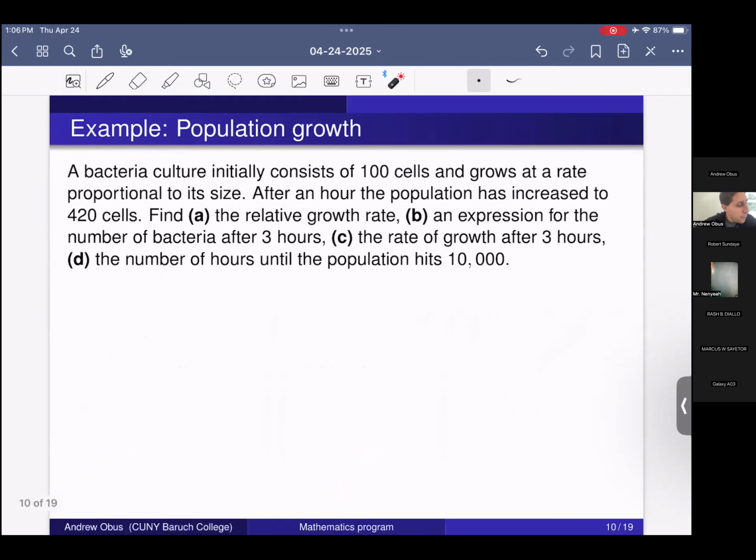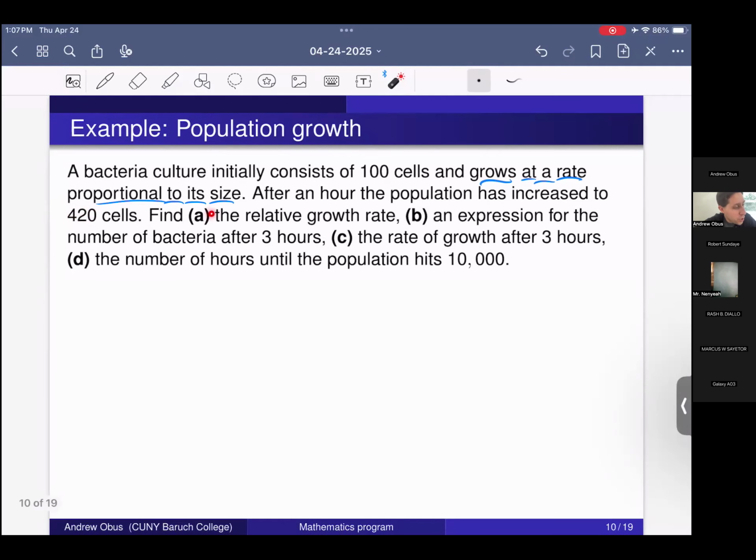So let's look at an example. Population growth. Okay, so a bacterial culture initially consists of 100 cells, and it grows at a rate proportional to its size. This means exponential growth, right? So after an hour, the population has increased to 420 cells.